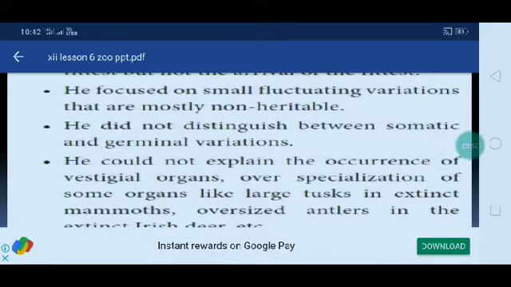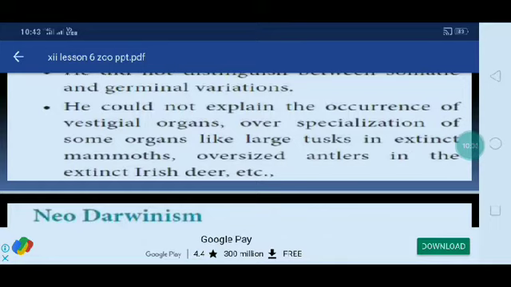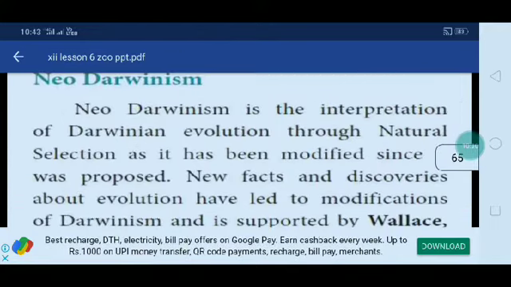He did not distinguish between somatic and germinal variations. He could not explain the occurrence of vestigial organs, or over-specialization of some organs like the large tusks in extinct mammoths and the antlers in the extinct Irish elk.